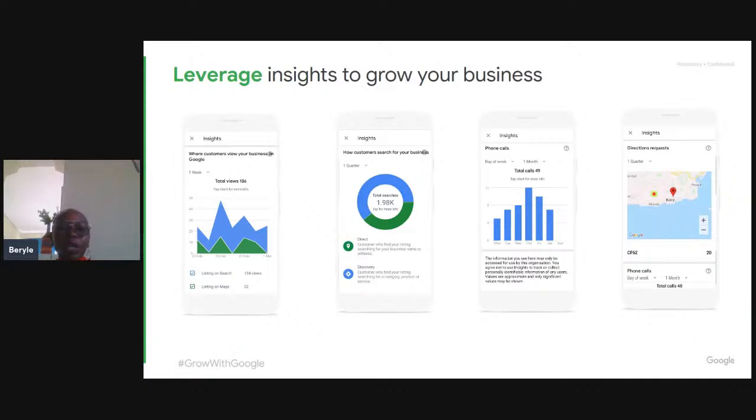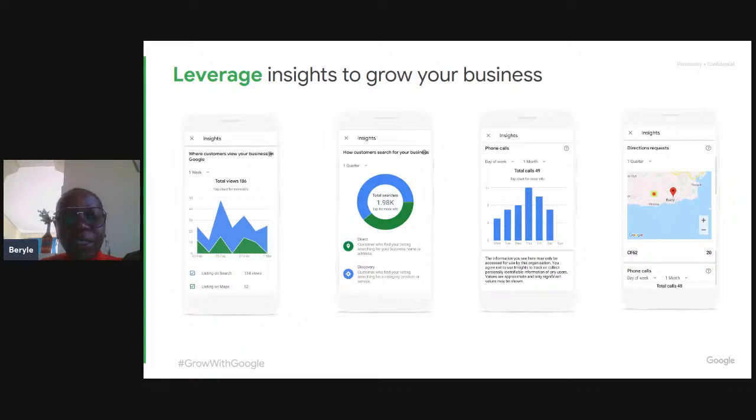The next category of insights is the discovery search. You get to know the people who visited your site by searching on similar categories or products, similar products or services that you're offering. For example, if I made a search for a tours and travel company in general, and Bush and Events came up, he should be able to know that I got to his site by making a query on a similar product or service.